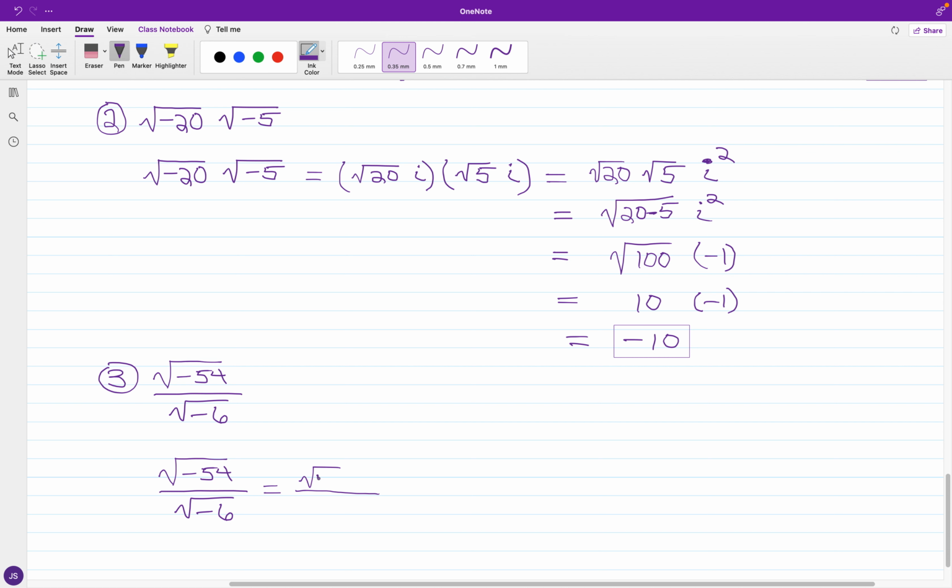So the square root of -54, that's going to be the square root of 54 times i. Square root of -6 will be the square root of 6 times i.